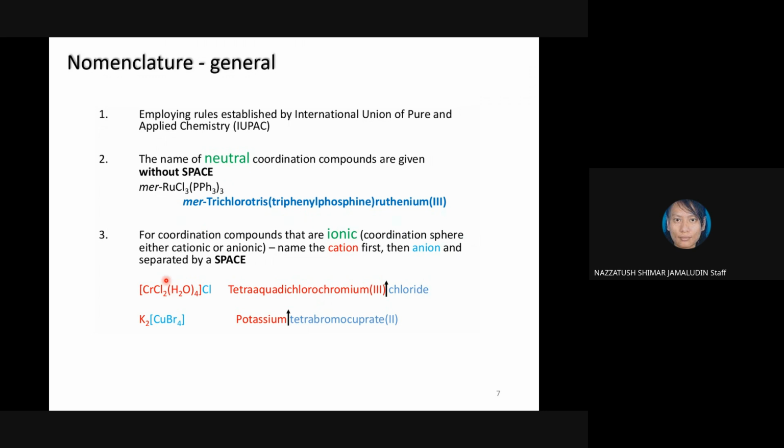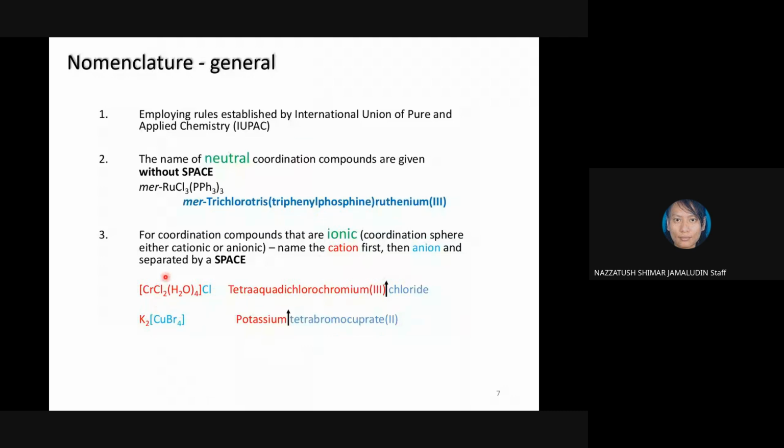Now, how many chlorine is there? 2. How many water? 4. Mono stands for 1. Di stands for 2. Tri stands for 3. Tetra stands for 4. Penta for 5. Hexa for 6, and so on.